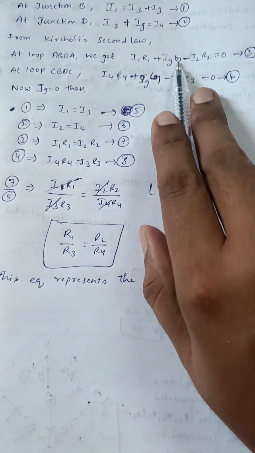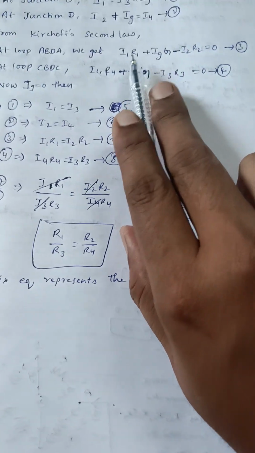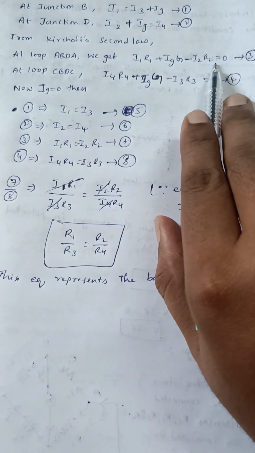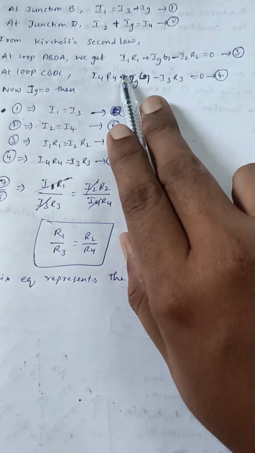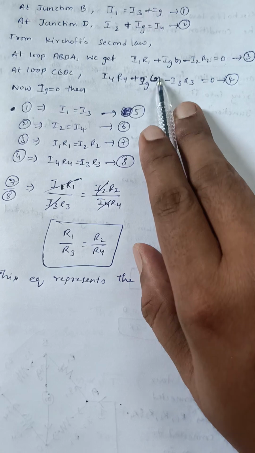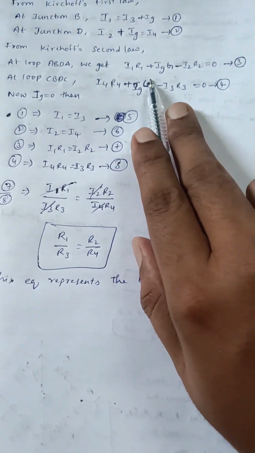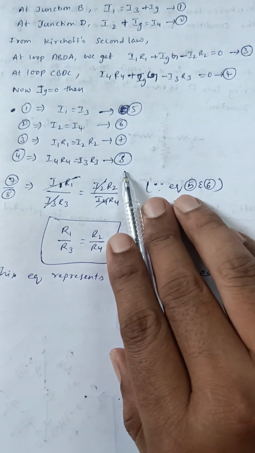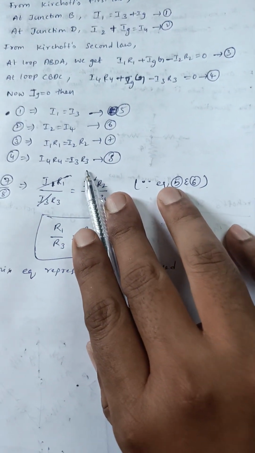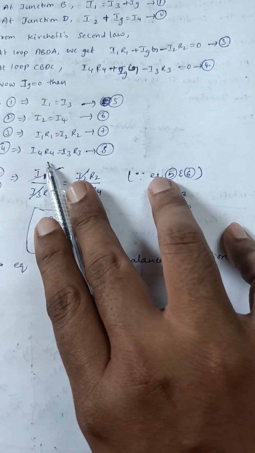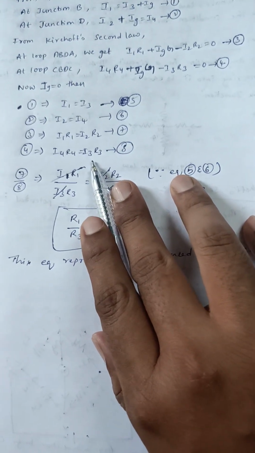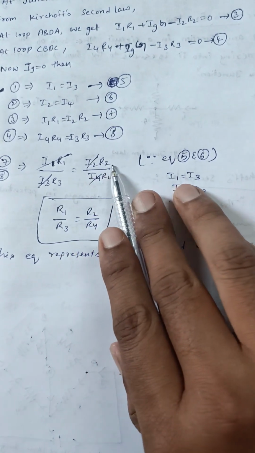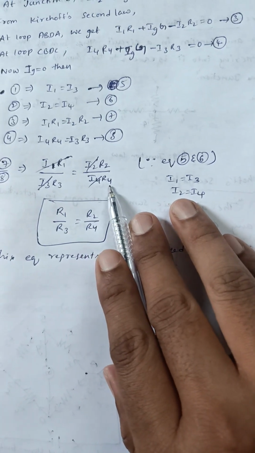With Ig equal to 0, the IgG term is 0, and we get I1 R1 equal to I2 R2. Similarly, I4 R4 is equal to I3 R3, equation 8. Rewriting, I1 R1 divided by I3 R3 is equal to I2 R2 divided by I4 R4.